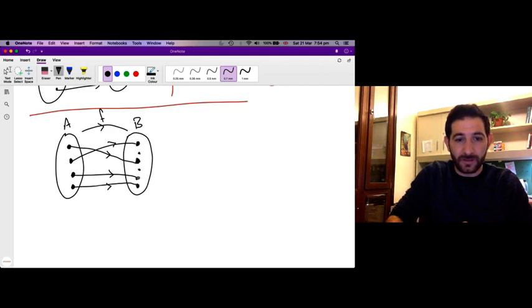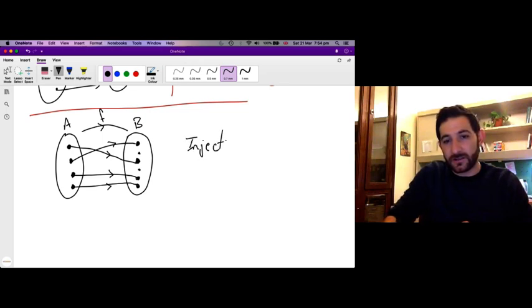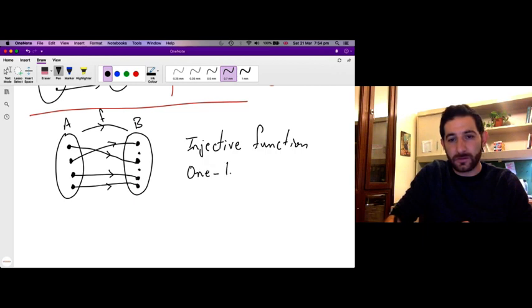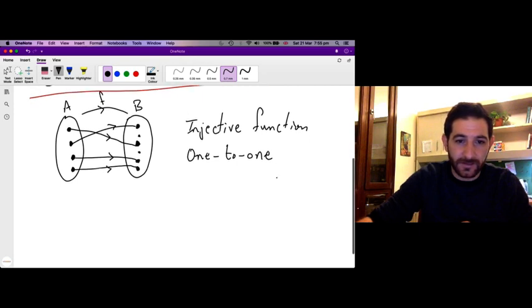These two have different images as well. This one and this one have different images. Okay, this property is called an injective function, or another name is a 1-to-1 function.